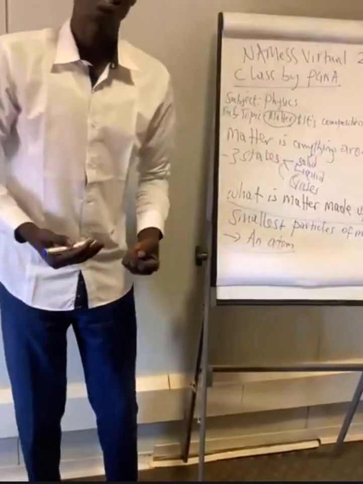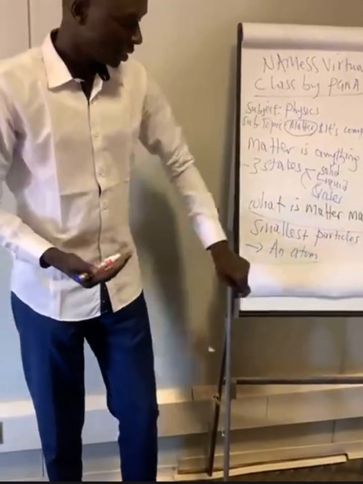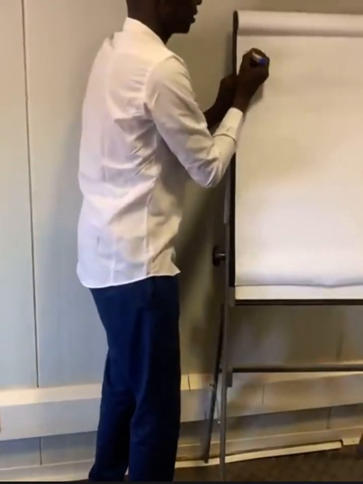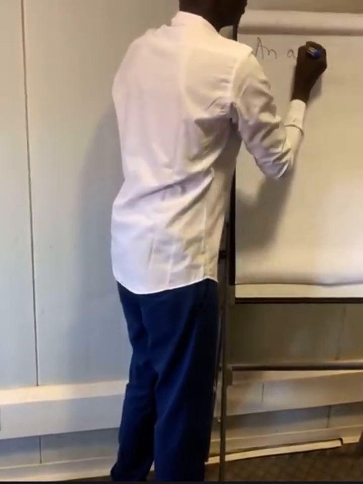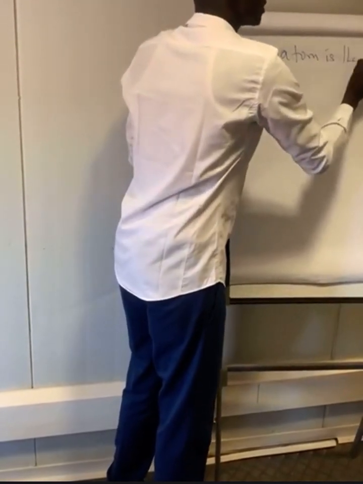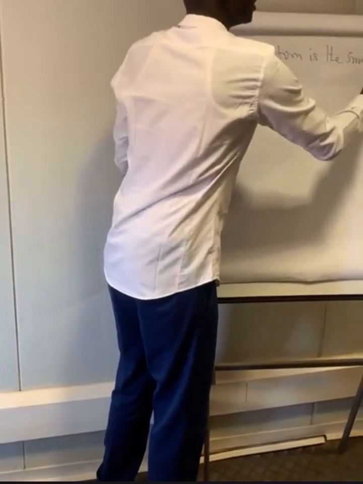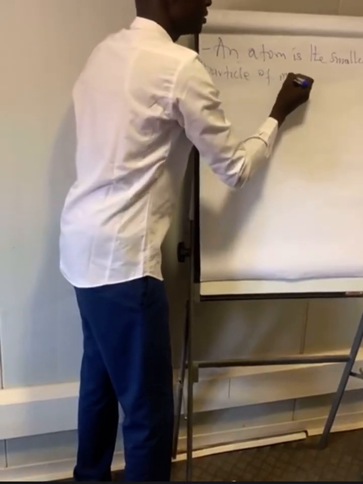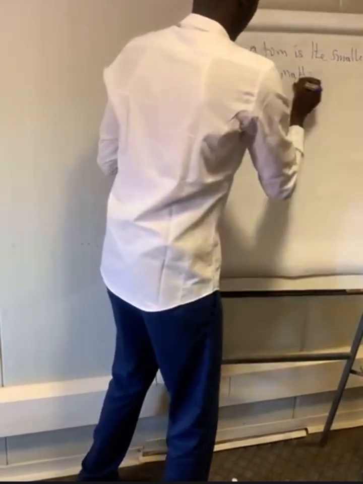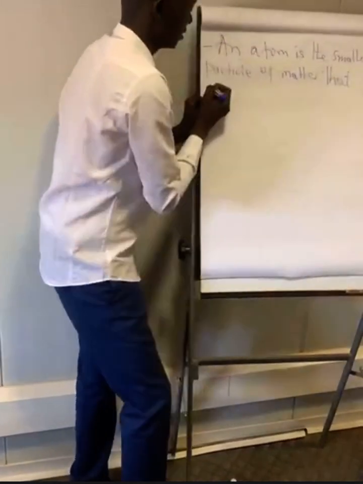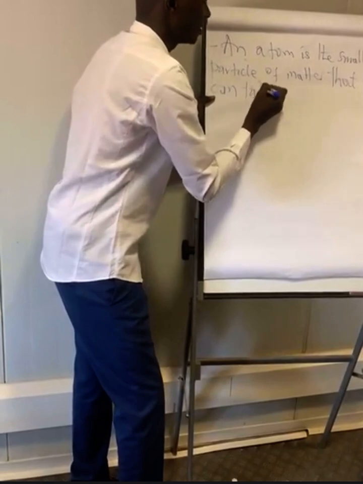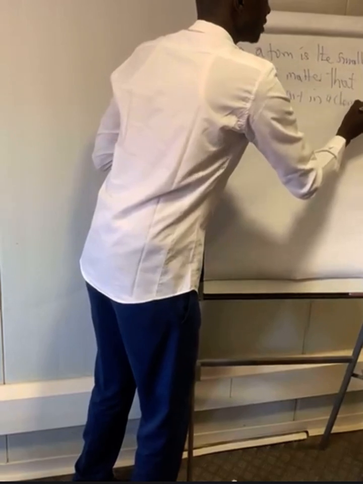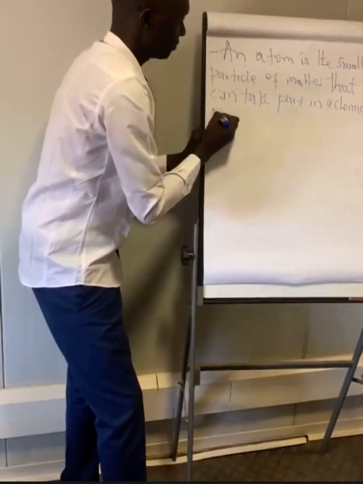So the question is, what is an atom? In a simple term, we say an atom is the smallest particle of matter that can take part in a chemical reaction.